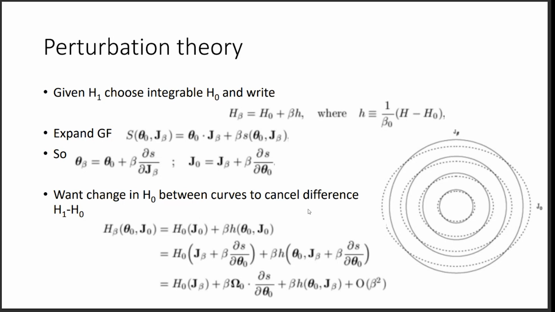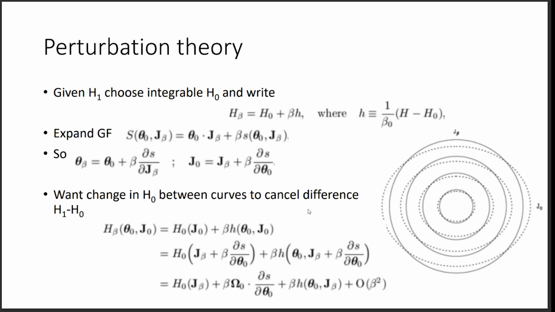And what we're going to do is look for the generating function, when we're dealing with H beta, that moves us between the angle action coordinates of H naught, which is of course theta naught and J naught, and the angle action coordinates of H beta, which are J beta and theta beta, wherever that is. And you've seen this before. We get theta beta by taking the derivative. And S, I'm writing as the identity transformation.